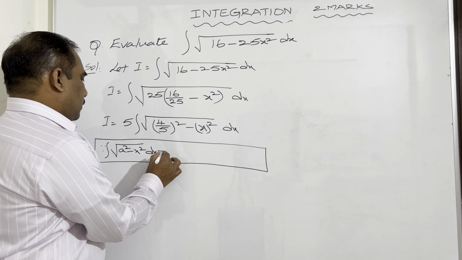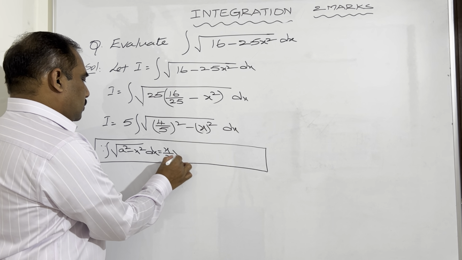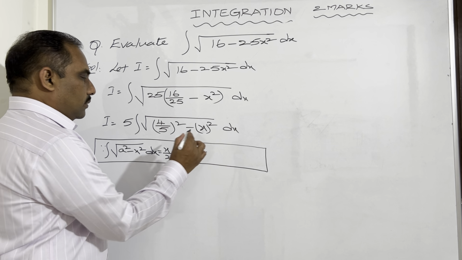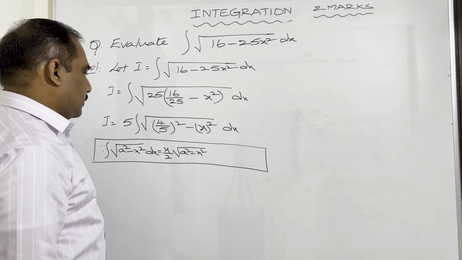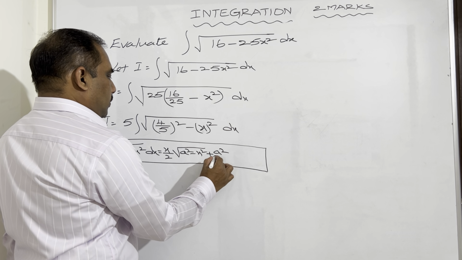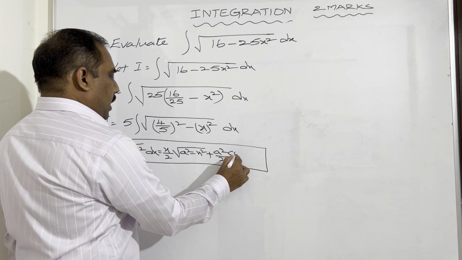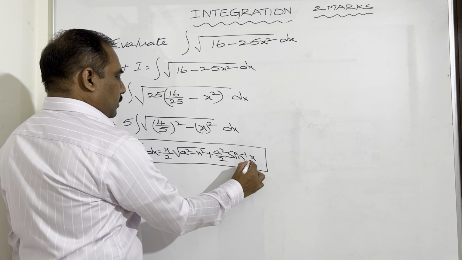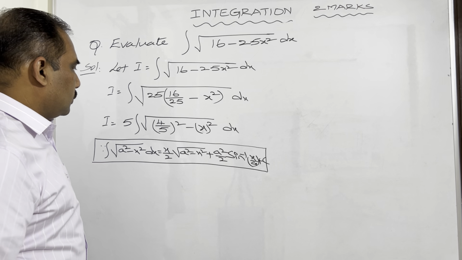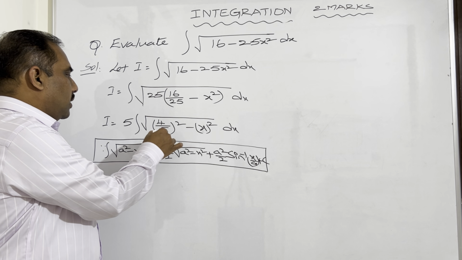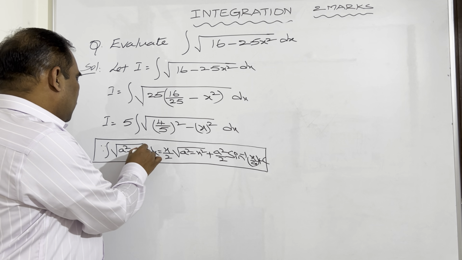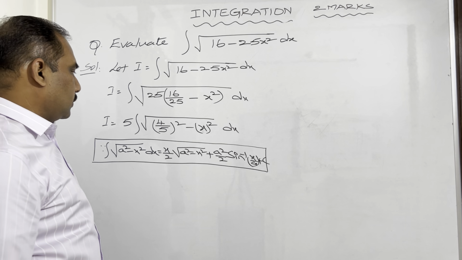So we have x by 2 into root over a square minus x square, plus a square by 2 into sine inverse of x by a, plus c. This is the standard form. Now this root over 4 by 5 whole square minus x square is in the form of root over a square minus x square.